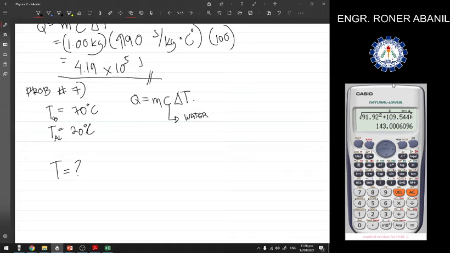Kung pupunta kayo sa libro, sa table 17.3, makukuha na natin yung C ng water, yung constant ng water, which is 4190 joule per kilogram Kelvin. Tapos yung aluminum naman natin is 910 joule per kilogram Kelvin.